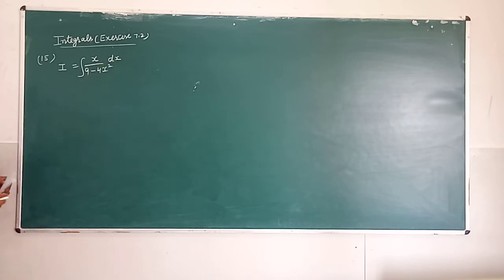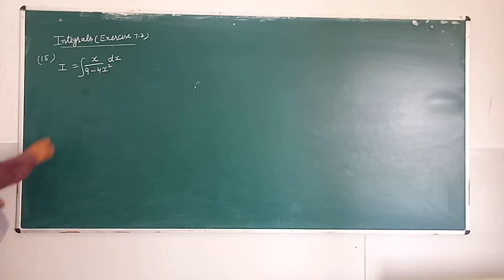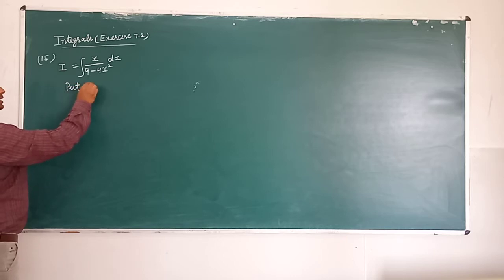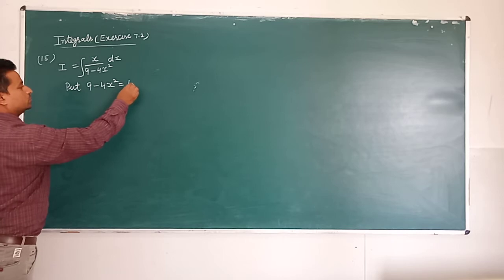In this question, as we know, differentiation of 9 is 0 because it is a constant function, and differentiation of this is 8x. So first we put 9 minus 4x square equals t.